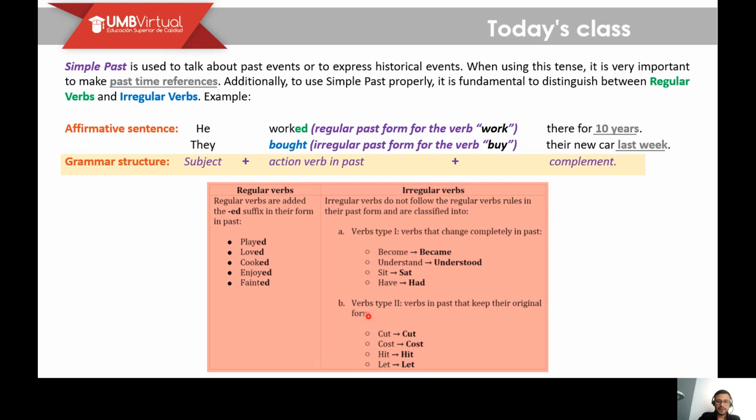Now, verbs of type 2 keep the same form like in the simple present. Guys, remember that at school we used to learn a long list of verbs that had 3 or 4 columns. This is the second column, the past, the simple past.